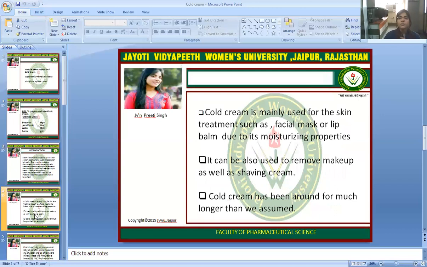Cold cream is mainly used for skin treatment such as facial mask or lip balm, and due to its moisturizing property it can also be used to remove makeup as well as shaving cream. Cold cream has been around for much longer than we assume.